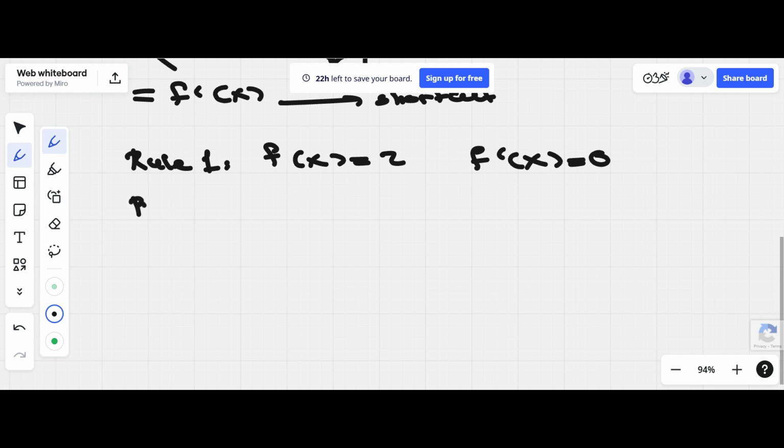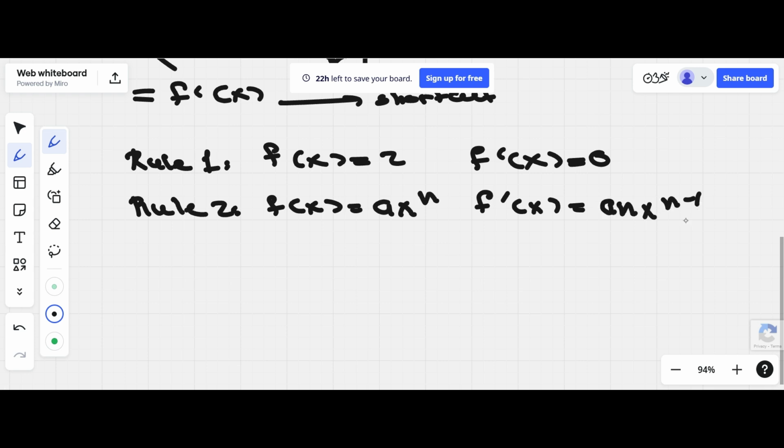Rule number 2 is when f of x equals ax to the power of n, the derivative of that function is anx to the power of n minus 1. Here we multiply the value of n by a, and have that as the coefficient of x, and we subtract 1 from the power. This is, of course, the result of differentiating by the first principle. I might explain it later in the video.